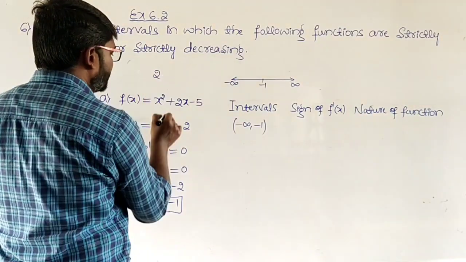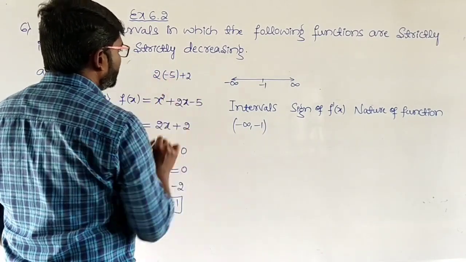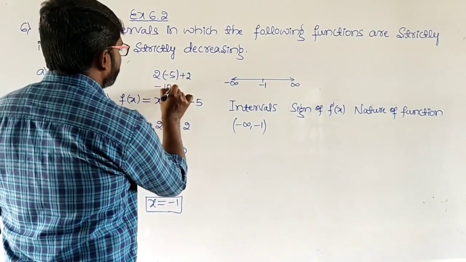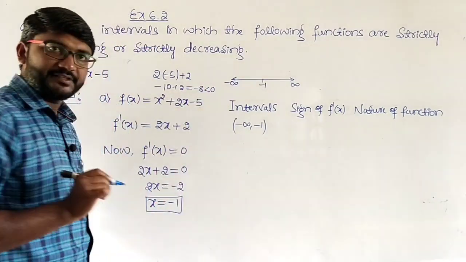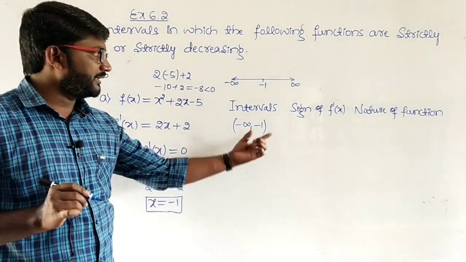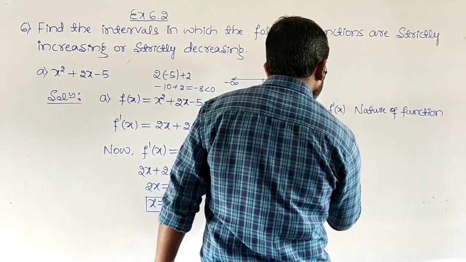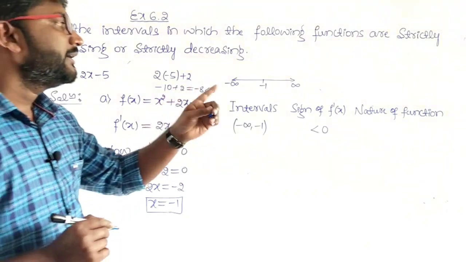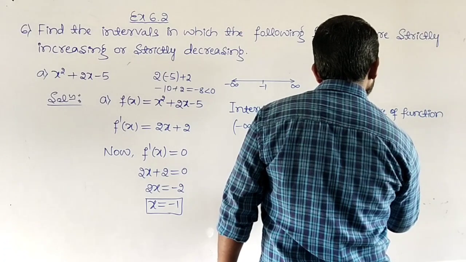In place of x I will be writing minus 5: 2 into minus 5, it is minus 10, plus 2, it will be minus 8, which is less than 0. So in this open interval, f dash of x is less than 0. If it is less than 0, then the function has to be strictly decreasing. So the nature of function is strictly decreasing.